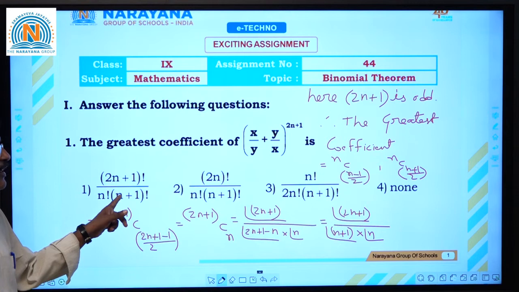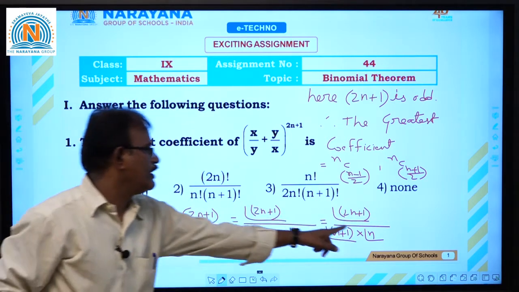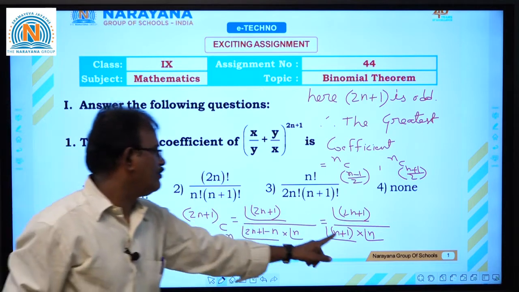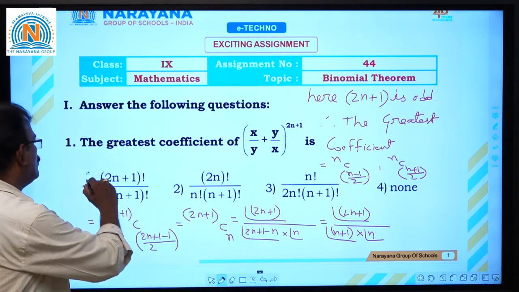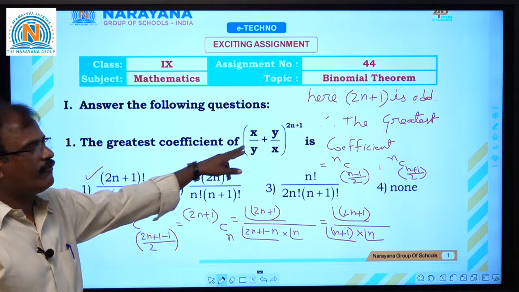So if you observe the first option, this is (2n+1) factorial by n factorial into (n+1) factorial. So according to the options, this is the greatest coefficient for the first one.